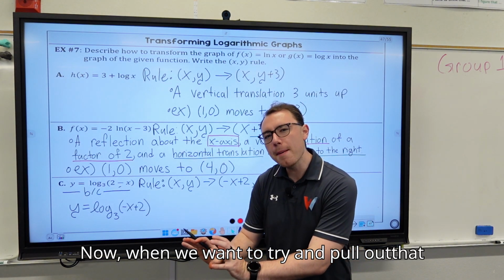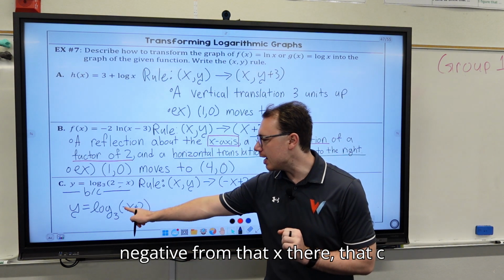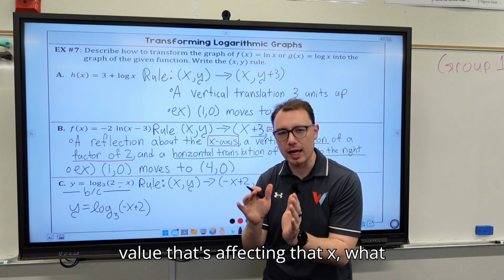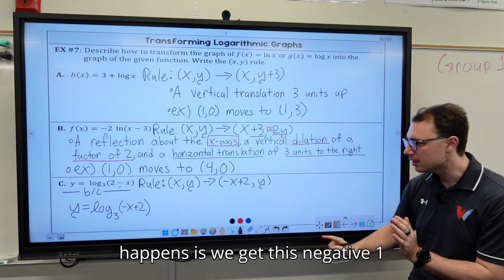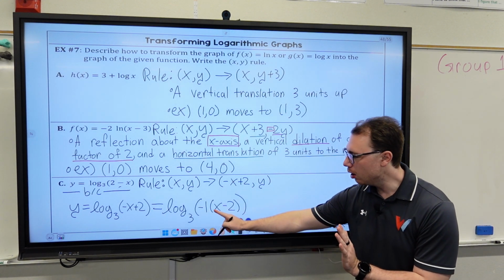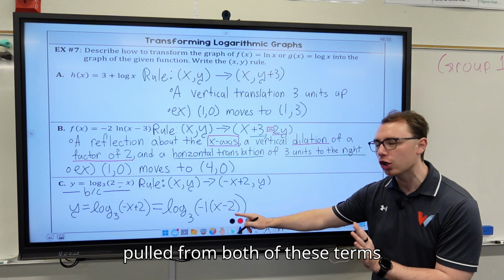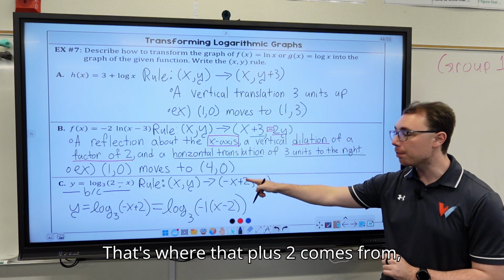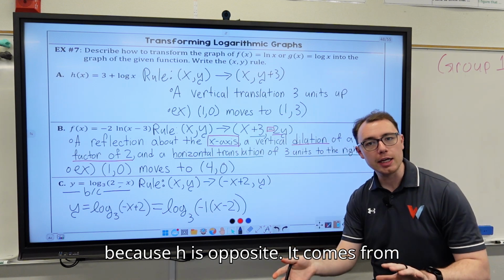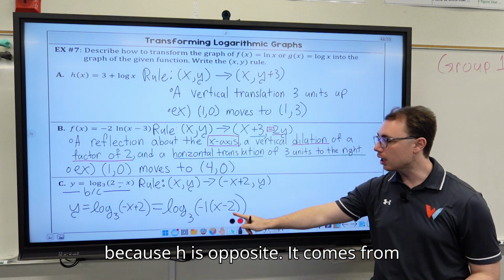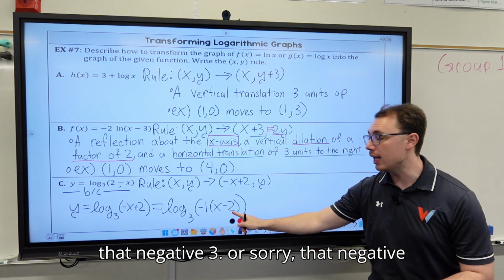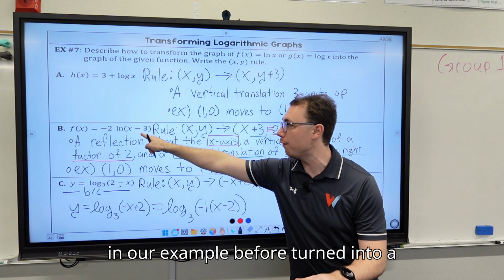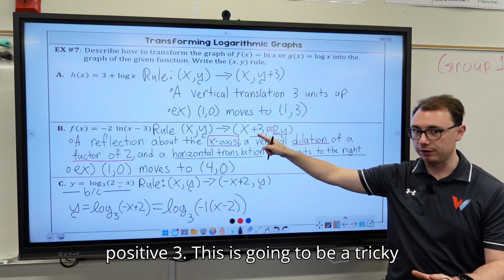Now, when we pull out that negative from the x, that c value affecting the x, we get this negative 1 pulled from both of these terms inside of our log. That's where that plus 2 comes from, because h is opposite. It comes from that negative 2, in the same way that the negative 3 in our example before turned into a positive 3.